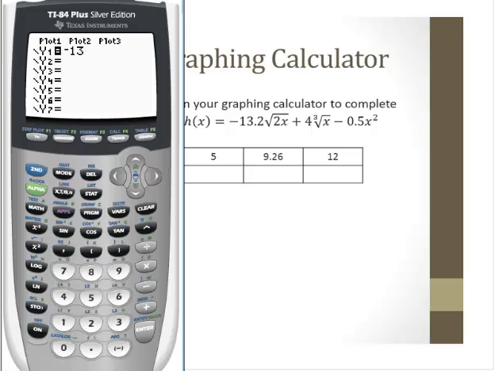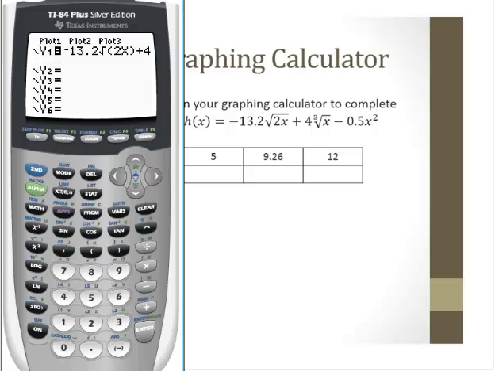Negative 13.2. Now the square root is over on the left-hand side. It's the second function of the x squared key. So I'll hit second square root. Notice it opened a parenthesis for me. I'll type in the 2 and the x, close it off. I'll add 4. Now I've got to bring up that cube root.